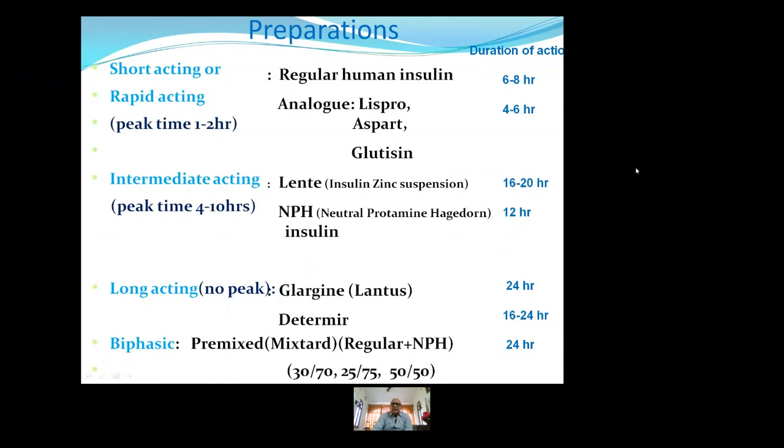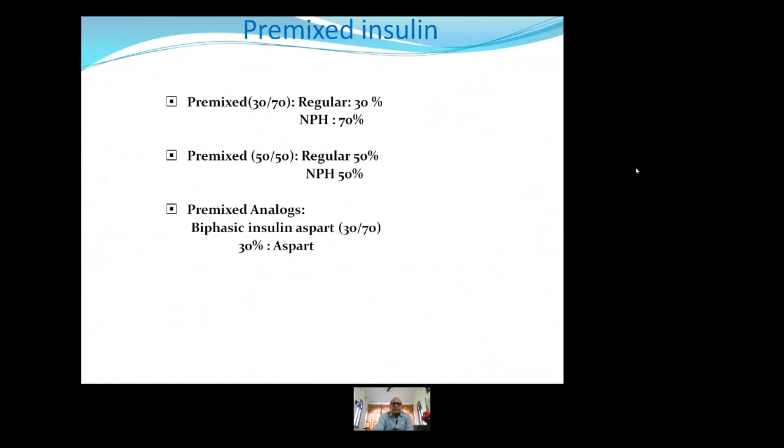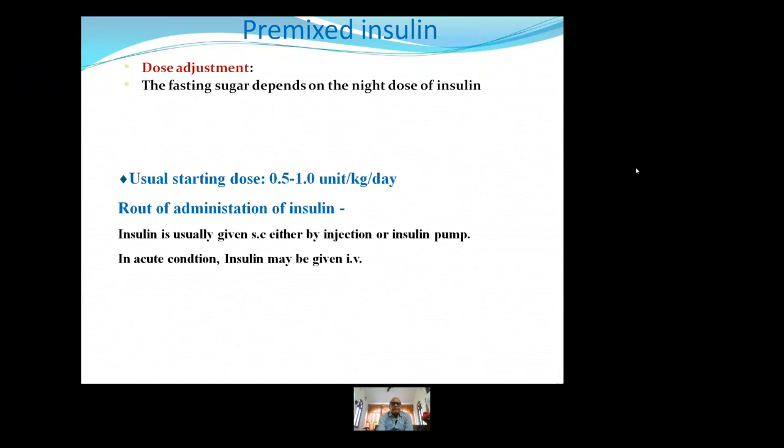Duration of action of biphasic is 24 hours. Premixed 30-70 means regular 30%, NPH 70%; premixed 50-50, regular 50%, NPH 50%. Premixed analog biphasic insulin aspart 30-70 is 30% aspart and 70% protaminated aspart.